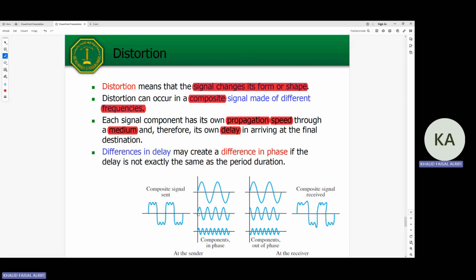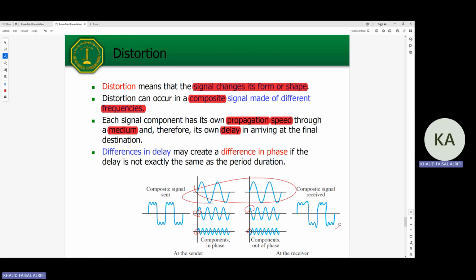So here the signals are being sent, okay, normally. But when they reach the receiver, this is changing. The first one is okay. The second one is changing. Also the third one is changing. Okay.